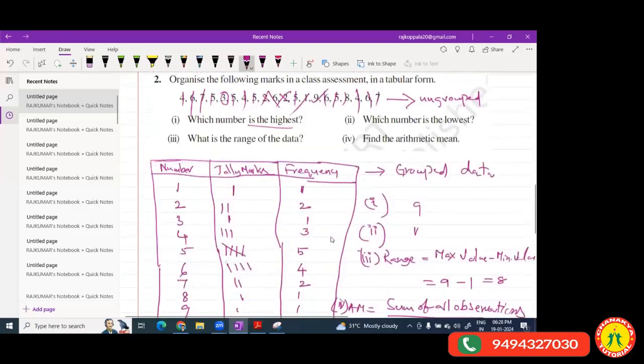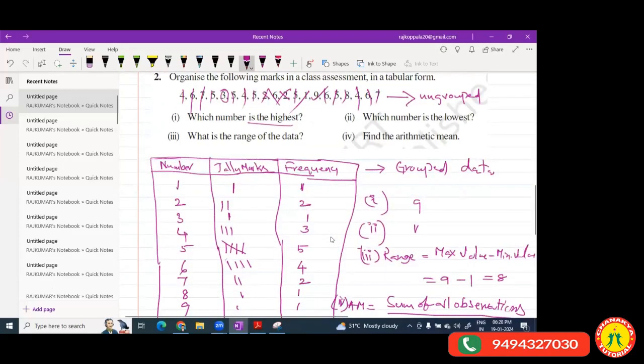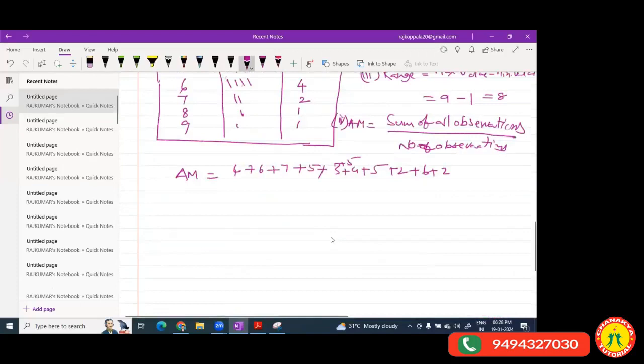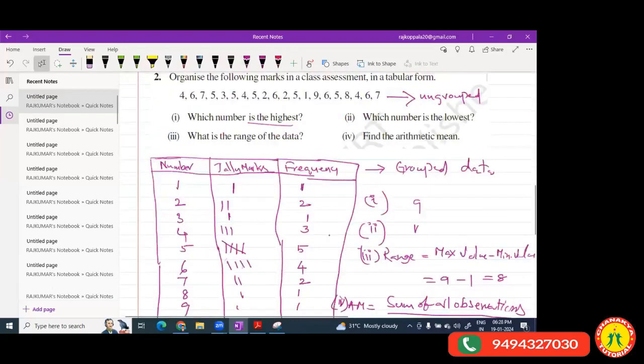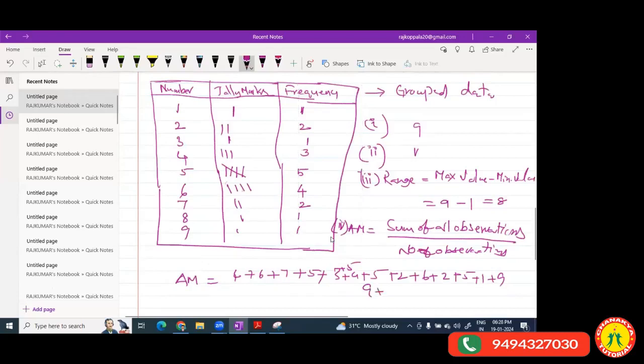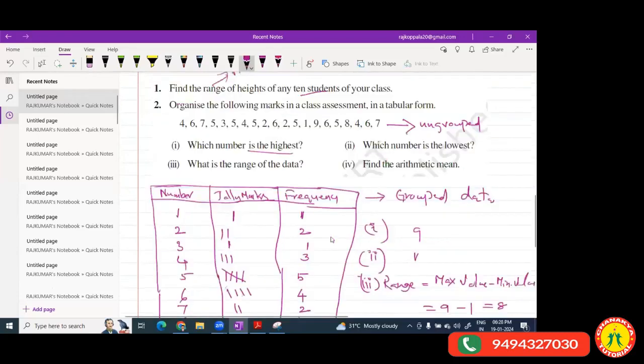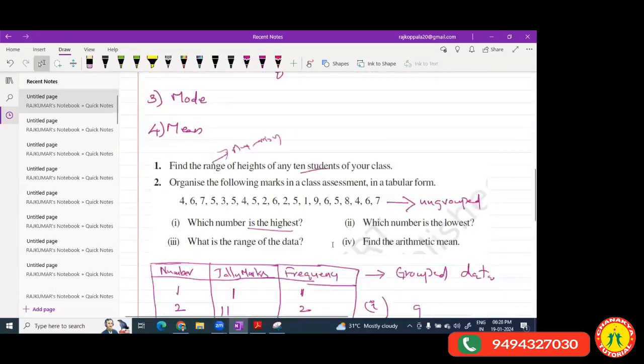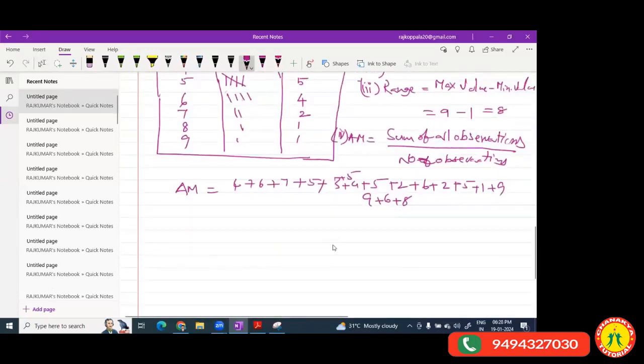You know this. Okay, next 5 plus 5 plus 1 plus 9. Then 9 plus 6 plus 8. Then 4 plus 6 plus 7, 4 plus 6 plus 5.